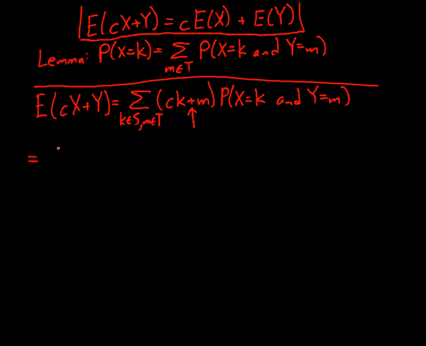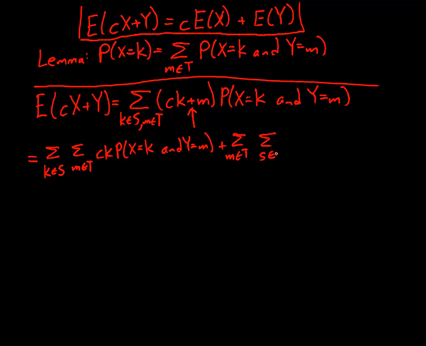To do that, I'll have the sum over all k in S. I'm going to sum over m first, sum over all m in T, of ck times that probability, plus, and I'm going to sum in the opposite order for this next term, sum over all m in T, sum over all, excuse me, that should be k in S. Sum over all k in S of m times the probability that X equals k and Y equals m.